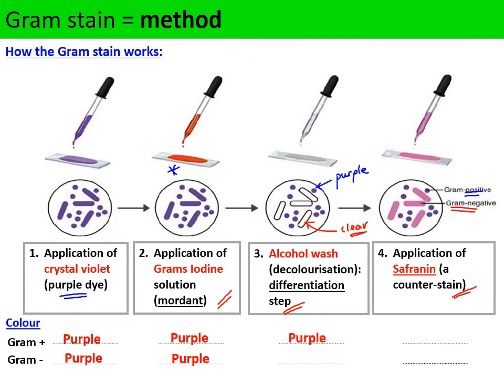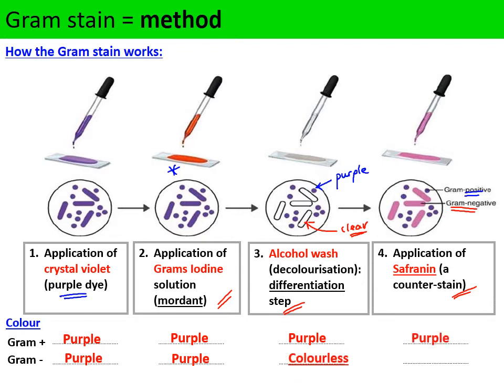Now, when we add the alcohol, because the crystal violet is covalently bonded to the peptidoglycan layer in gram-positive bacteria, they remain purple after the alcohol wash. Gram-negative bacteria, this time, the crystal violet is washed off with the alcohol, and the outer lipopolysaccharide membrane is dissolved, so that's also removed by the alcohol. So these bacteria now appear colourless.